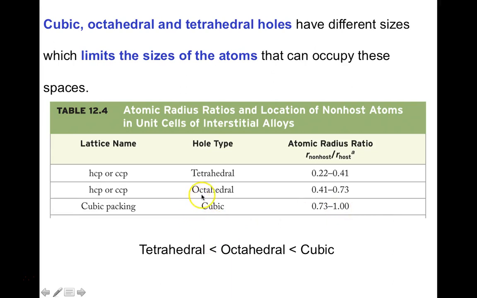The next biggest holes are your octahedral holes that we see in the face-centered cubic lattice, the ones that are halfway along each edge and in the center of the unit cell, and these are about 0.4 to 0.7 the size of the host. The smallest holes are those 8 tetrahedral holes that lie behind the corner atoms of the face-centered cubic unit cell, and these are 0.2 to 0.4 the radius of the host.